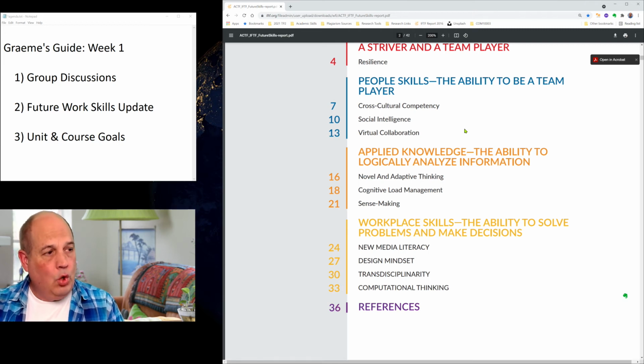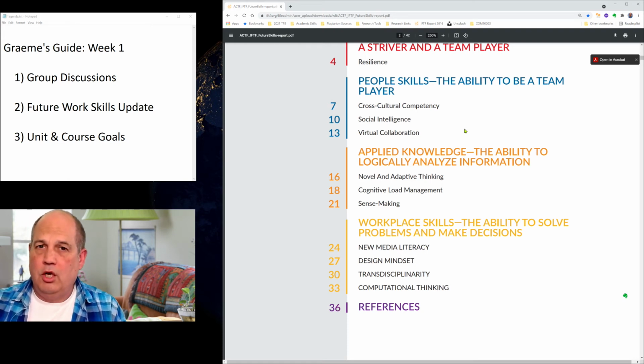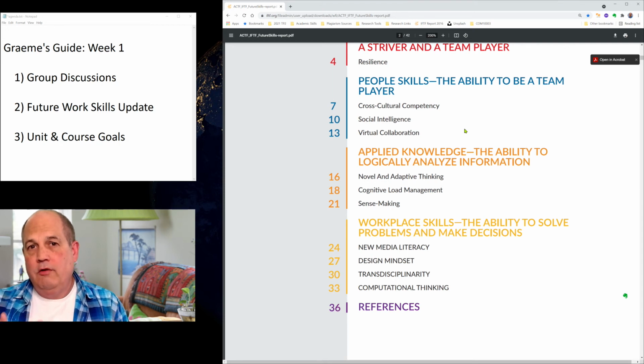As a course goal, I've talked about cross-cultural competency already. And cross-cultural competency, that's something that you can also take beyond this unit, beyond the course. For example, for teachers or for journalists or public relations, or if you're going into psychology, any of these careers where you're dealing with the general public, you're going to be dealing with people who do not have the same background necessarily as yourself.